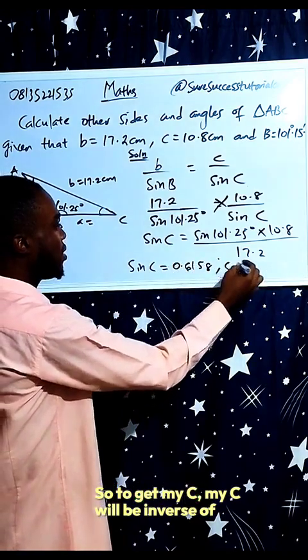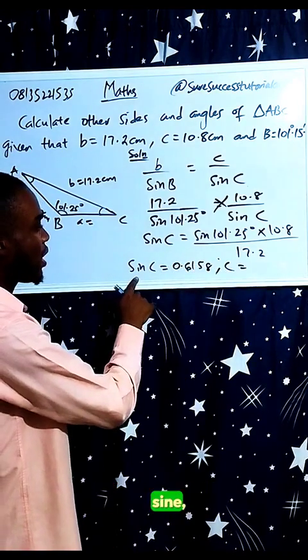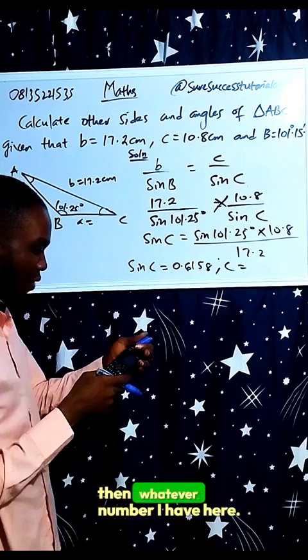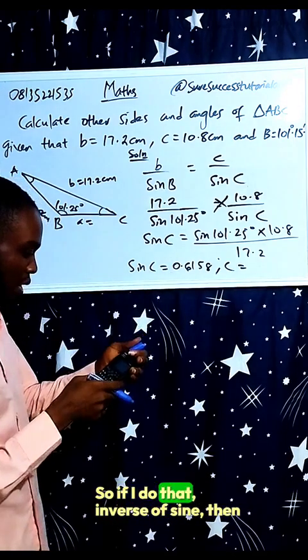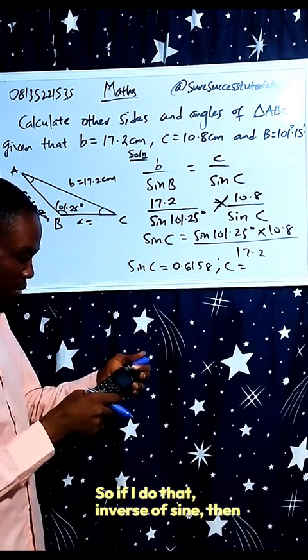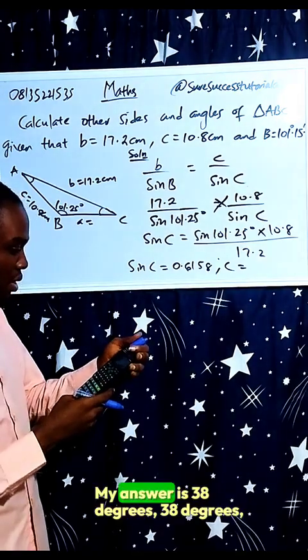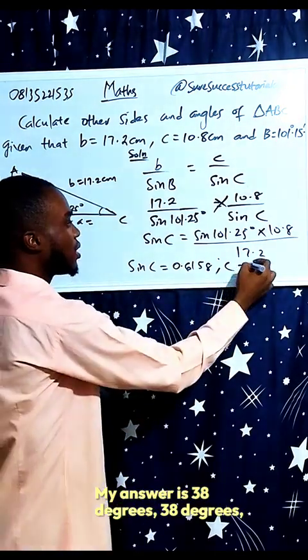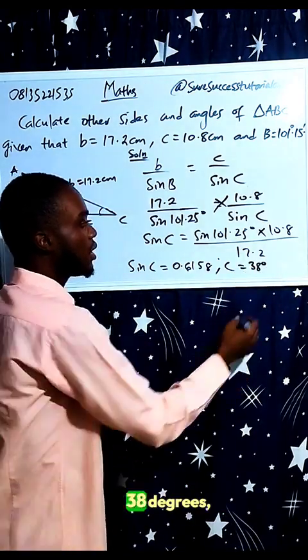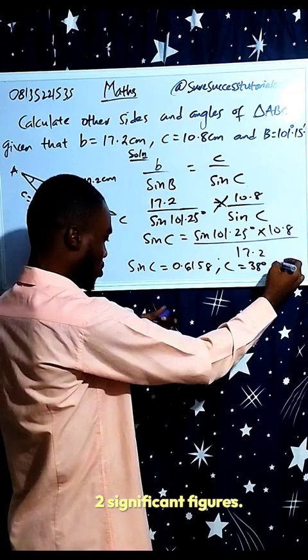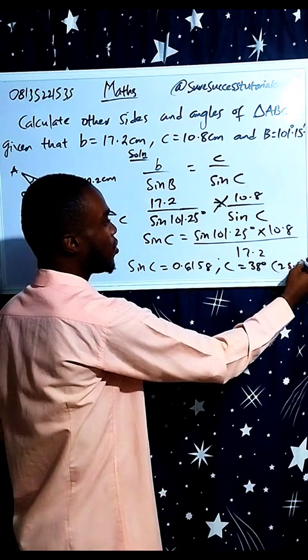To get my C will be inverse of sine of that number. If I do inverse of sine 0.6158, my answer is 38 degrees, to two significant figures.